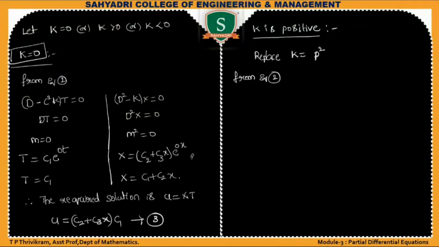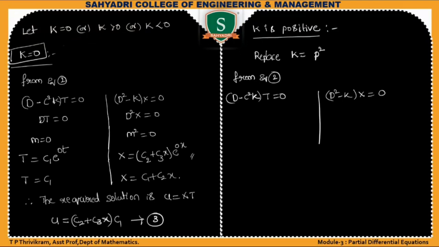Now I am replacing k with p square in the given equation, from equation 2. First I'll write equation 2: (D² - c²k) t is equal to 0. Next, (D² - k) x equal to 0.